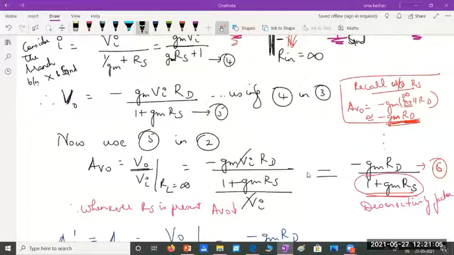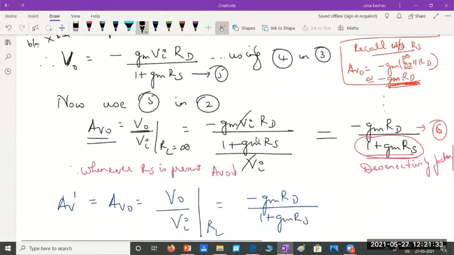If I did not have RS in the circuit, AVO would have been just minus gm into RD. But because of RS, it gets divided by 1 plus gm RS and gets reduced. Please remember this fact: whenever there is a source resistance in the circuit, the open circuit voltage gain is reduced.